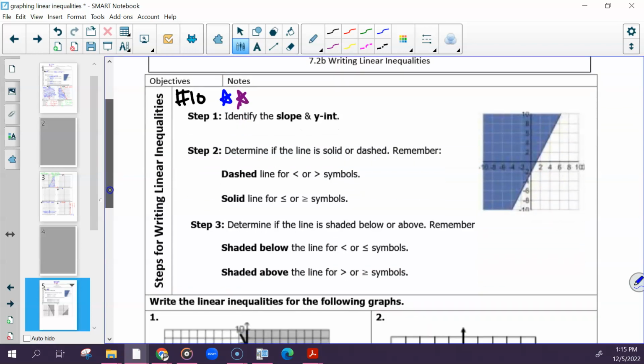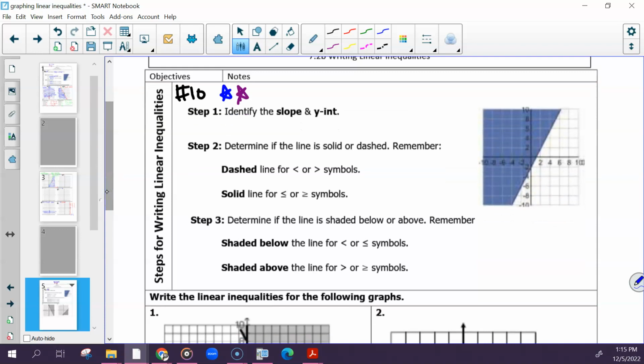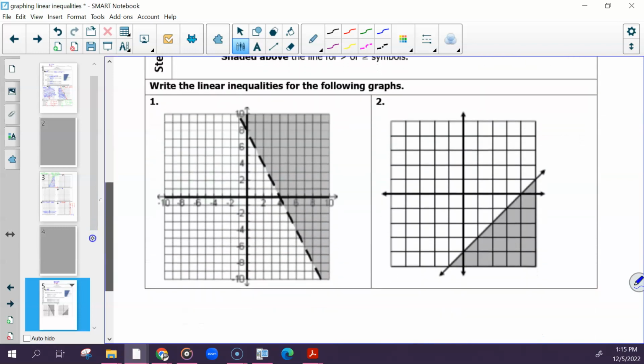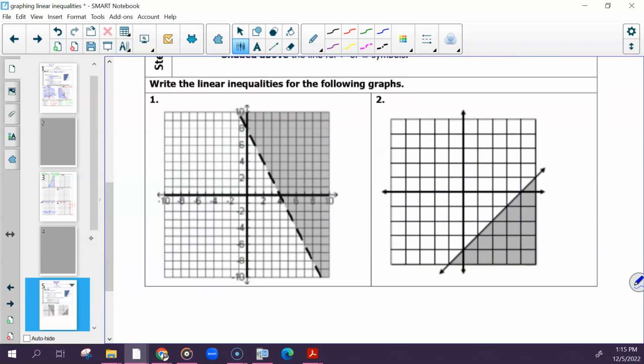Some of the steps are the same, but instead of graphing our slope and y-intercept, we have to figure out our slope and y-intercept, find it on the graph. The rules for the dashed and solid line, shaded below and above, are the same. I will say solid lines are easier to find all the information than dashed lines, but we'll still figure it out.